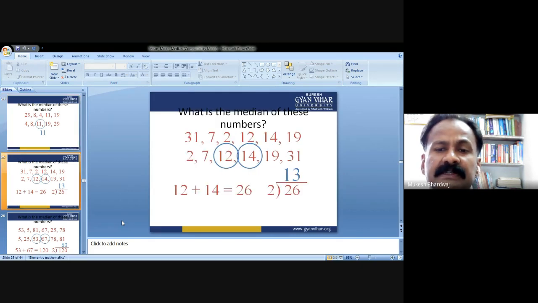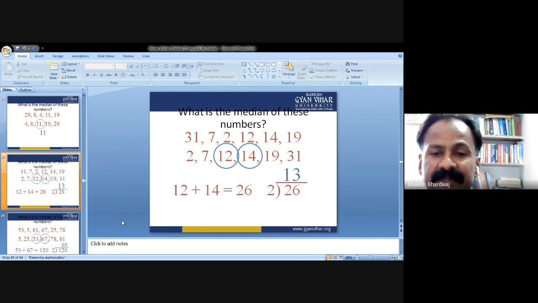Now this is the even series. So first you arrange the series in increasing order: 2, 7, 12, 14, 19, 31. Okay. And if it is in even fashion, then you know that to calculate the median or middle value, we add the two middle values. 12 plus 14 are the two middle values.